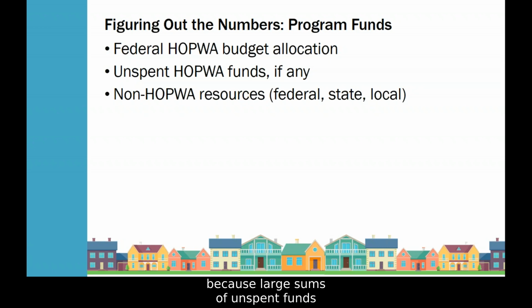Because large sums of unspent funds can be put to very good use in a variety of ways, not just for expanding a rental assistance program, but you could consider, for example, using acquisition or rehab for a site with those unspent dollars, and then having rental assistance down the road go into that.